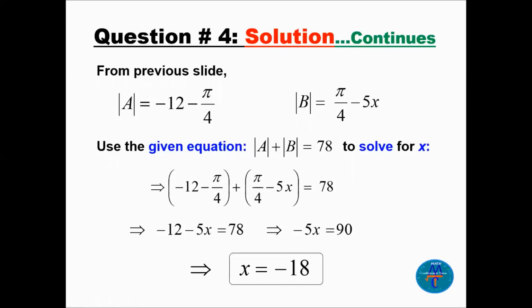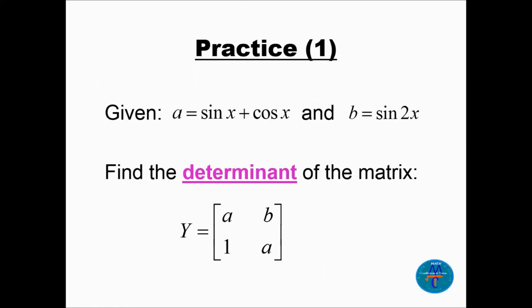That's question number 4. Now we come to practice. The practices, I can tell you, are really nice and interesting. Each one you have to think about; just read it carefully at your leisure time. Given small a, small b, find the determinant, practice number 1.